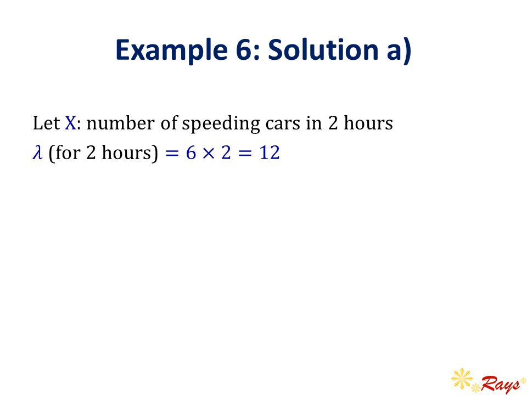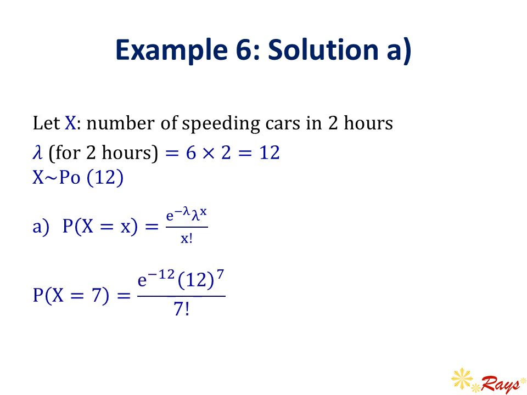So the new lambda for 2 hours is 12. And we can express x as a Poisson distribution with lambda 12. This is the formula. Substitute the values into the formula, and this is our answer.